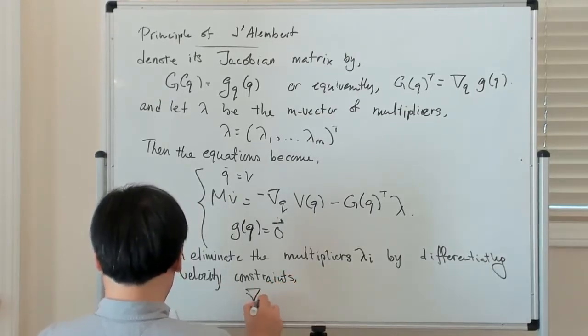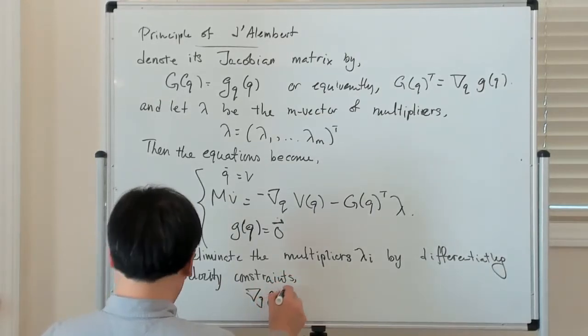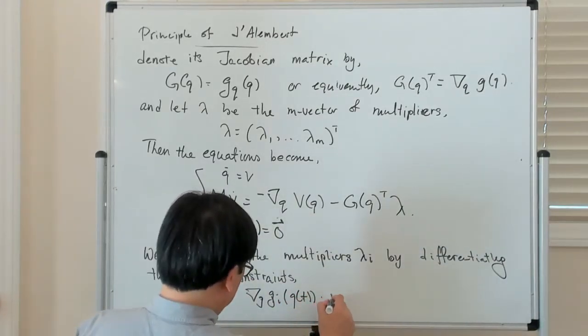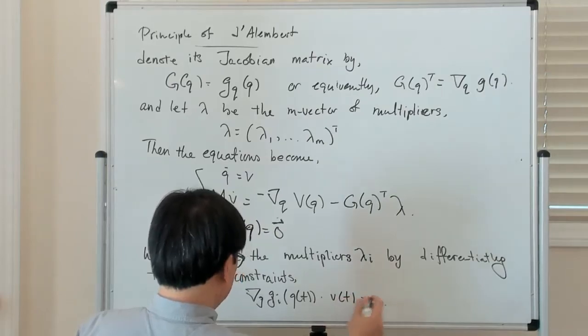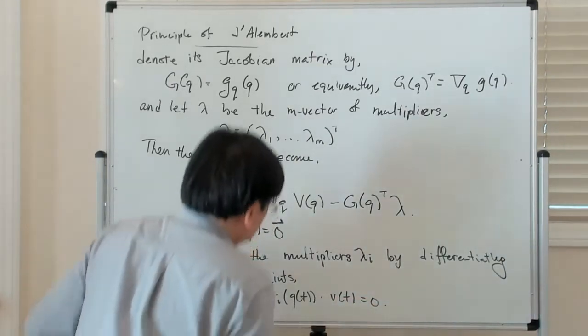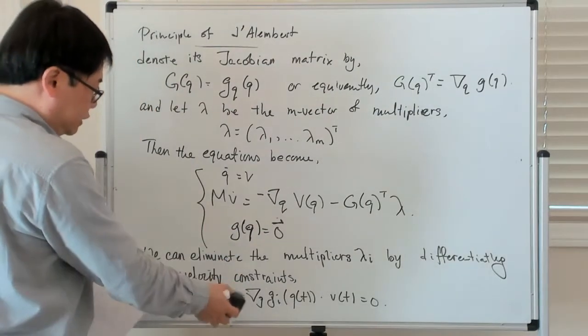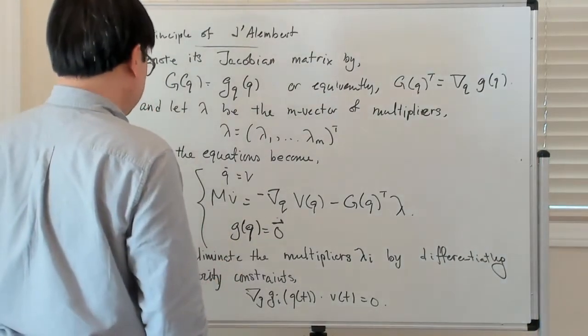The velocity constraints were that the gradients of the g i are perpendicular to the velocity vectors. This comes from our discussion of tangent bundles and tangent spaces.